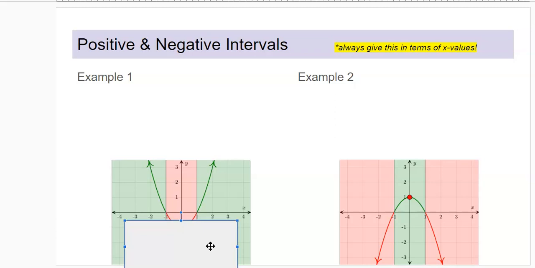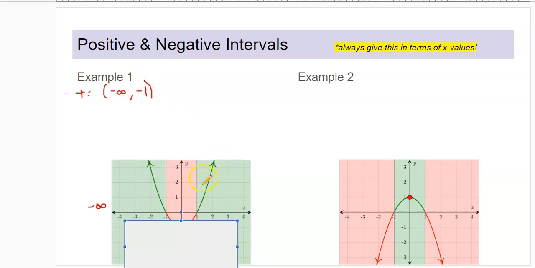The parts that are green go, in terms of x now, from negative infinity, and they stop at -1. So positive from negative infinity, and it stops at -1.